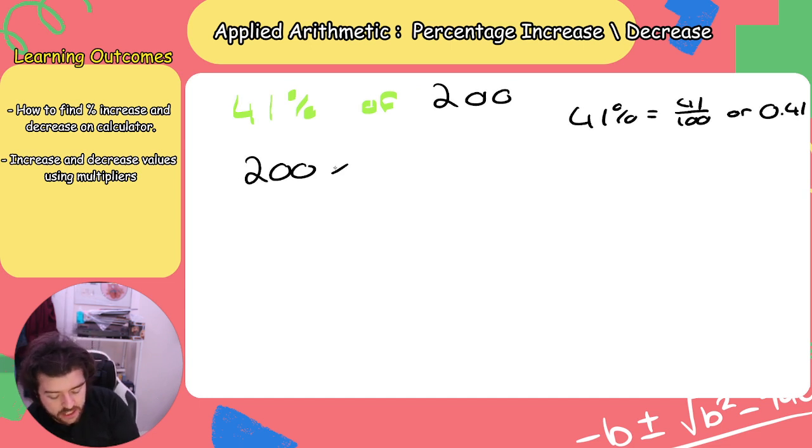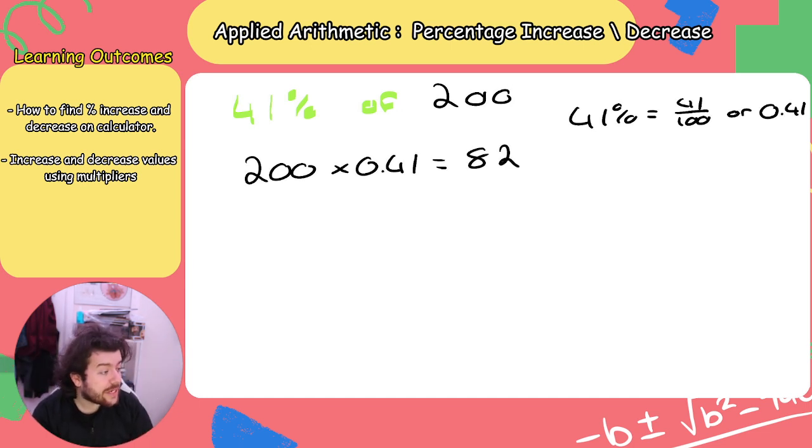And what I simply do is 200 multiplied by 0.41, which is going to give us 82. So 41% of 200 is 82. That's simply how we do it.